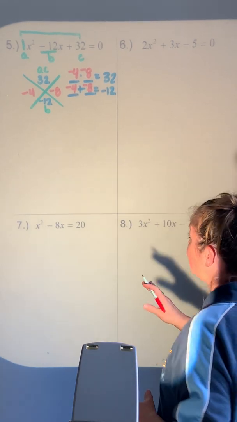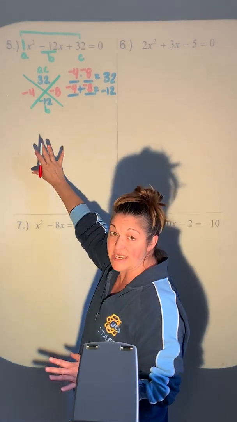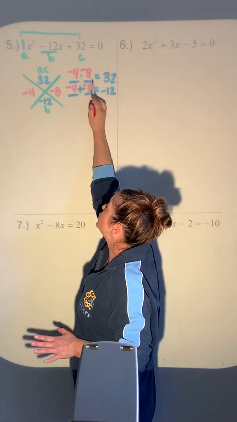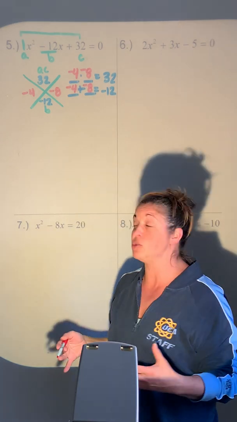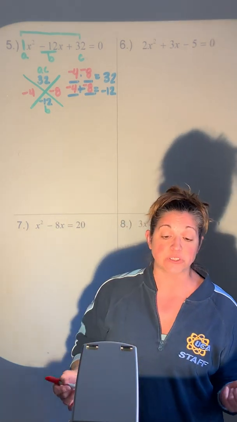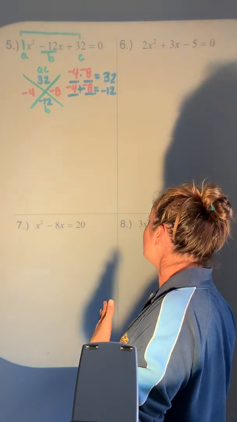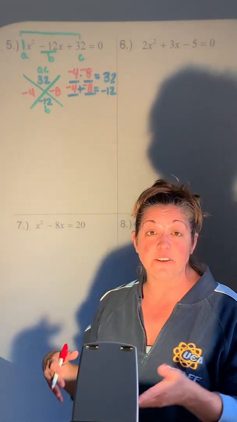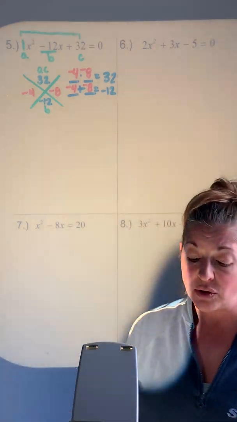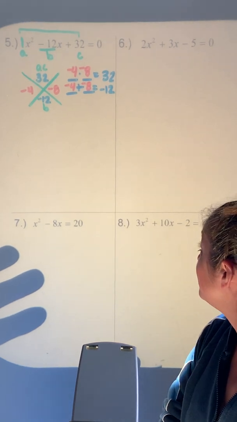So this x is, again, just a way to organize that information. Over here, I'm just showing you why those are the two numbers that work, because -4 times -8 multiply to give you 32, and -4 plus -8 will give you -12.